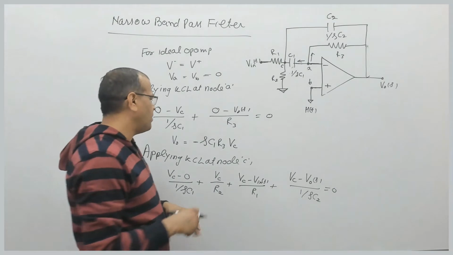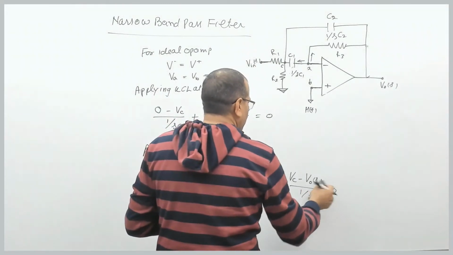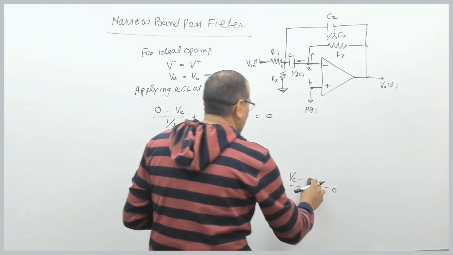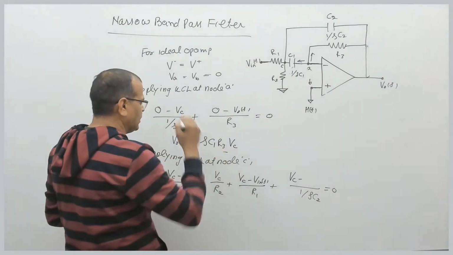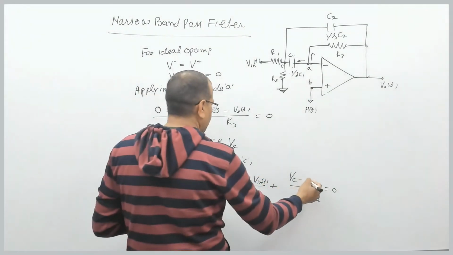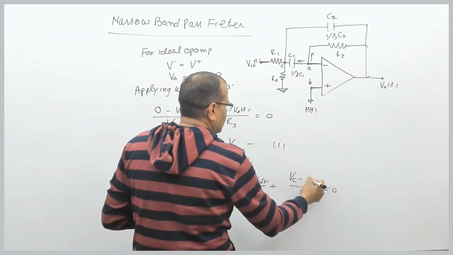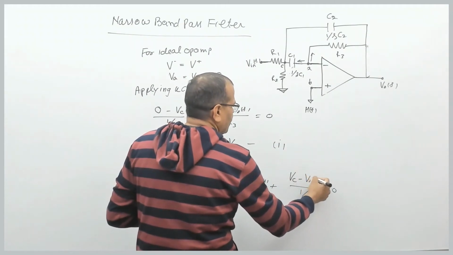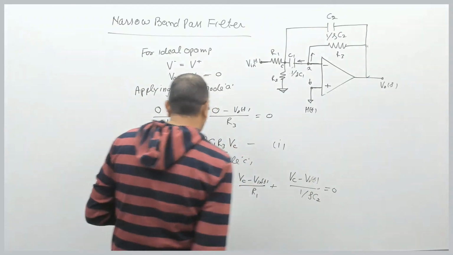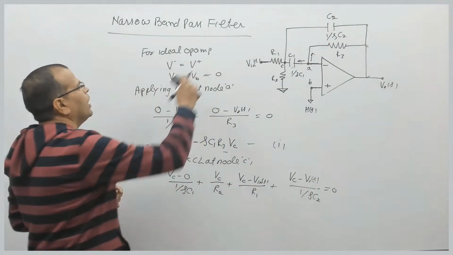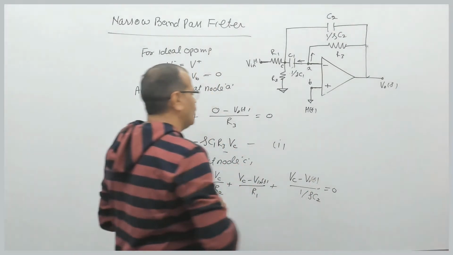So what I mean to say is I can replace this voltage V0 by this, or rather than saying that, we will see it later. Say this is equation number 1. So first of all, let it be V out S like this, right? So now you can write it here.